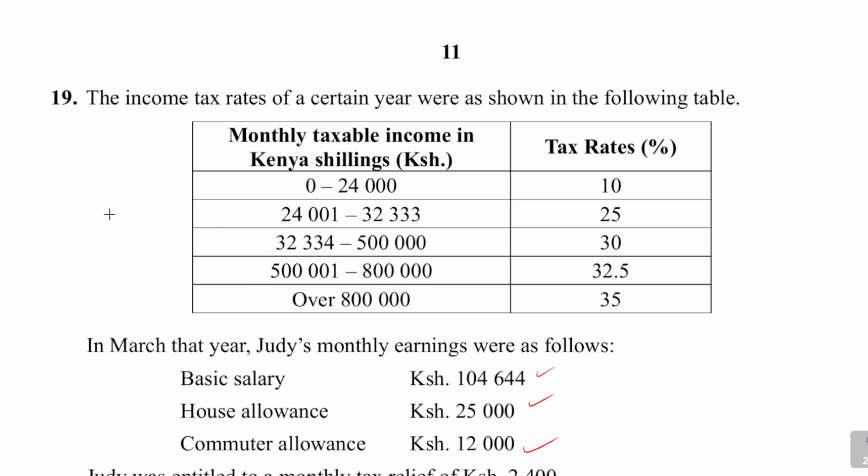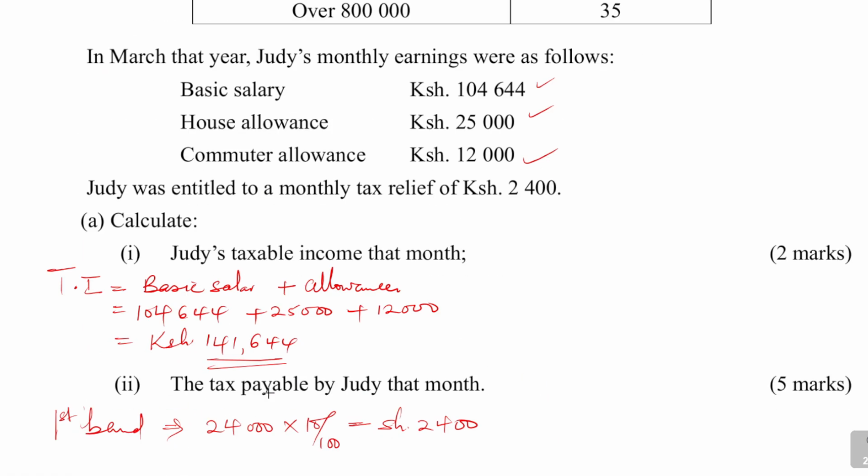Then the second taxation band, we are supposed to get the size. This is how you get the size of that band. 32,333 subtract 24,000, and the size of that band will be 8,333 when you subtract. So that is the size of that band. So the amount to be taxed there is 8,333.